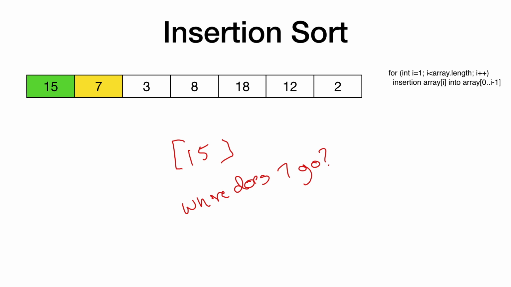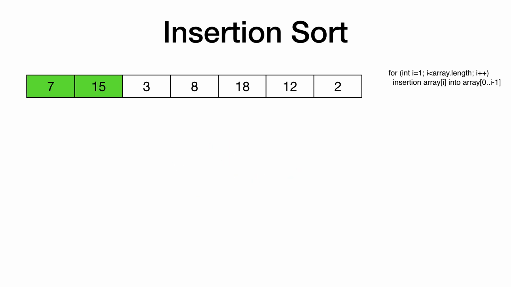Well, 7 goes before 15, so we're going to insert it here, and in that case we have to shift 15 down. That's exactly what we do. So now our sorted array is 7 and 15.